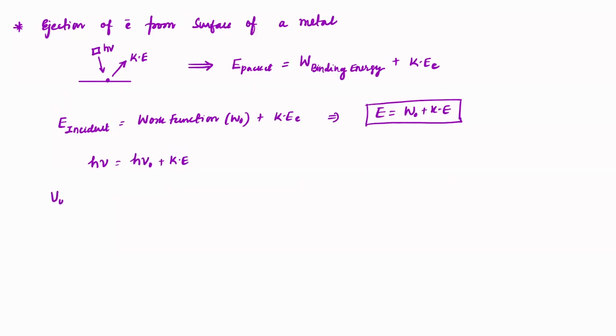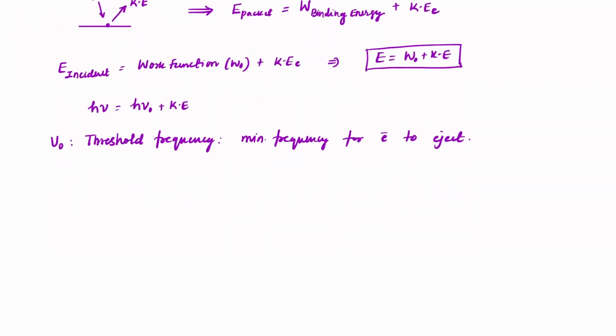Here, nu naught is known as the threshold frequency. That means it is the minimum frequency for electrons to eject or perform the photoelectric effect. Correct?